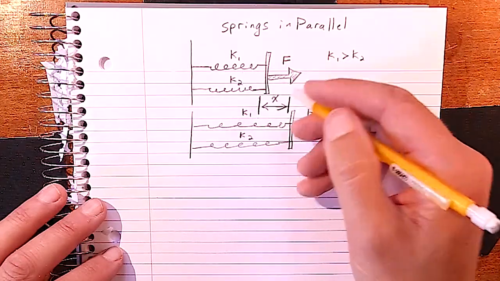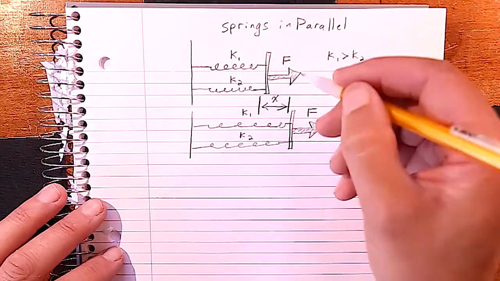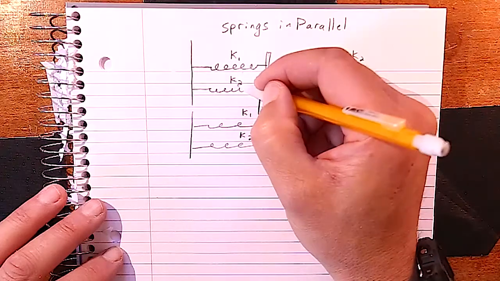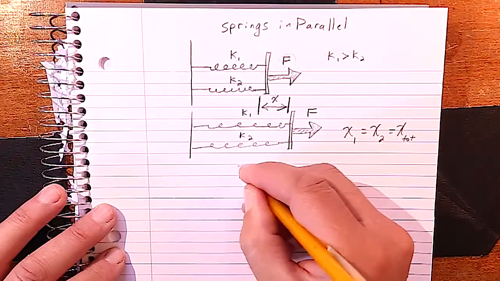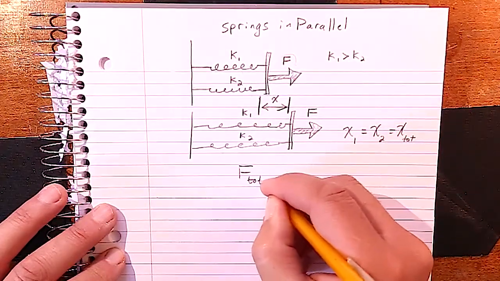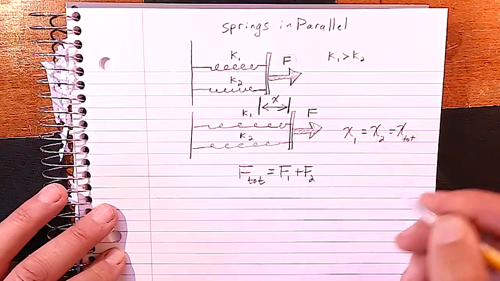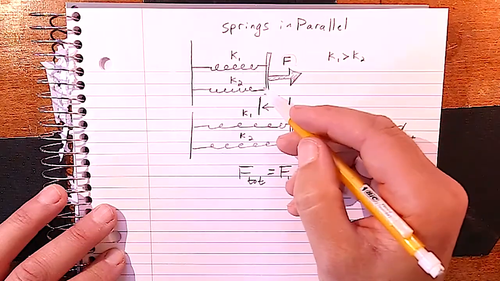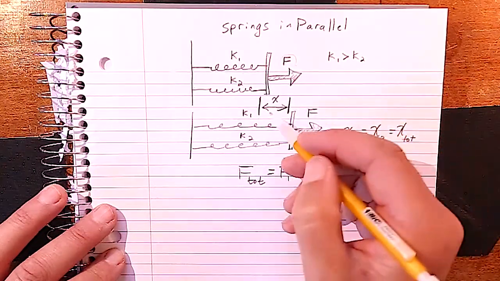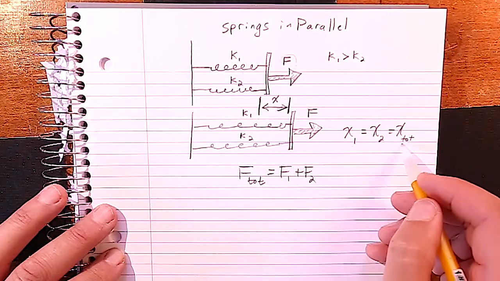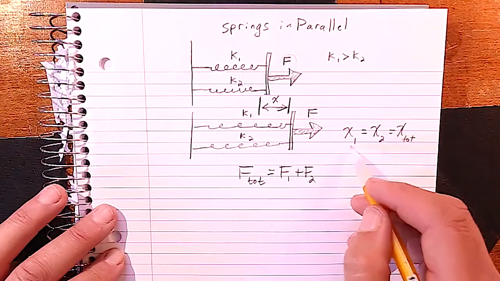But there's only one force total. So this total force is the sum of force 1 and force 2. So we can say that the force total is going to be equal to F1 plus F2. And because they've stretched out the same amount, the total x is the same as x2 is the same as x1.